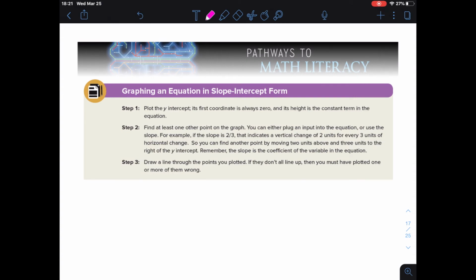You want to find one other point on the graph, so either by plugging it into the equation or using that slope. So like in the last example, our slope was 4, which is 4 over 1. You're going to increase the y value by 4 for every x value that increases by 1. And then you just draw a line through those points you plot. Okay?